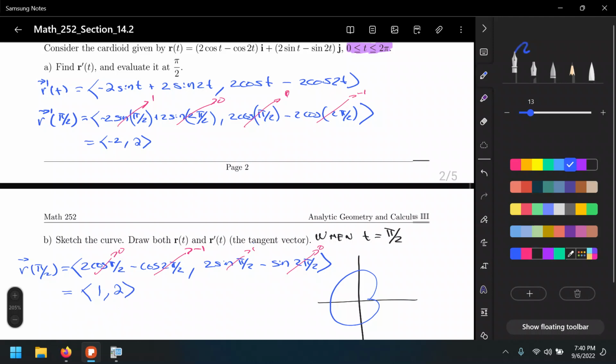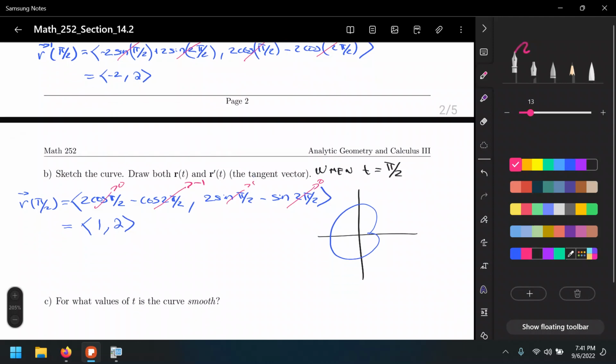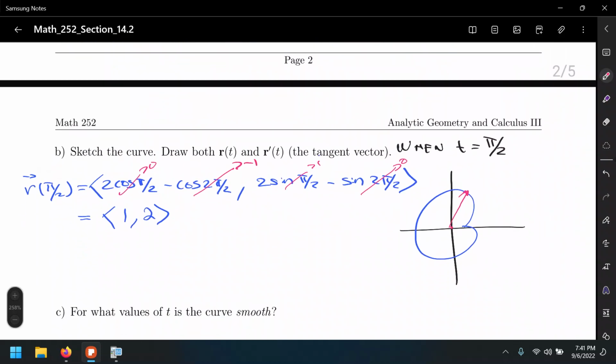Alright, so when t equals pi over 2, we have this position vector, starting from the origin and in the direction of 1, 2. Let me zoom in. That's the position vector when t equals pi over 2.